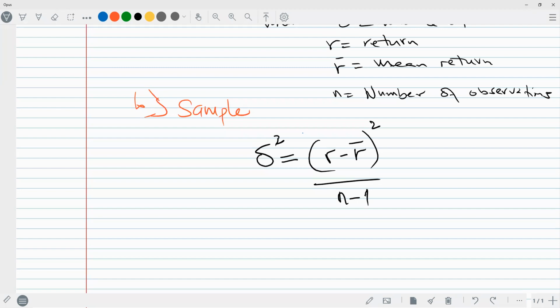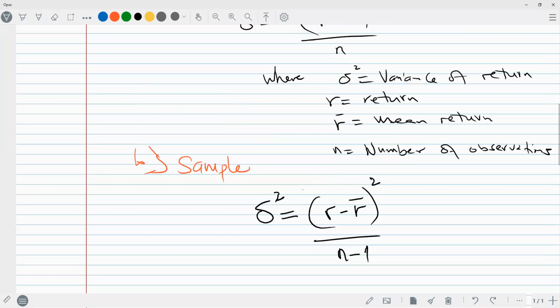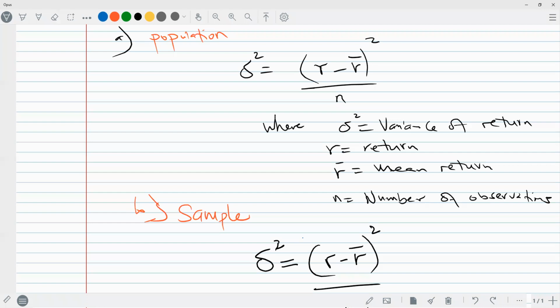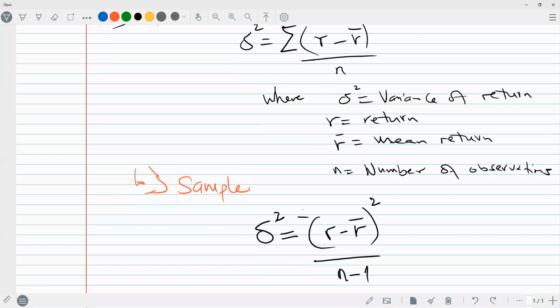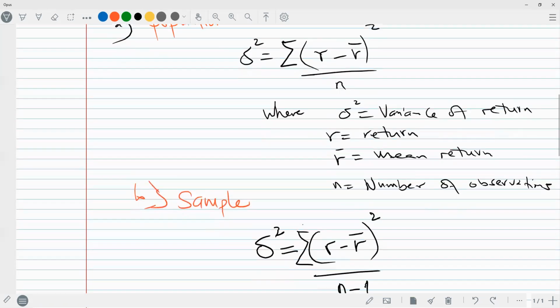So you're going to be having the number of observations minus 1. That's in case you're trying to analyze a sample. Sorry, this should be sum. Let me qualify this to be a summation. The sign here is the sum of deviation from the first set all the way to the last set. Clear?